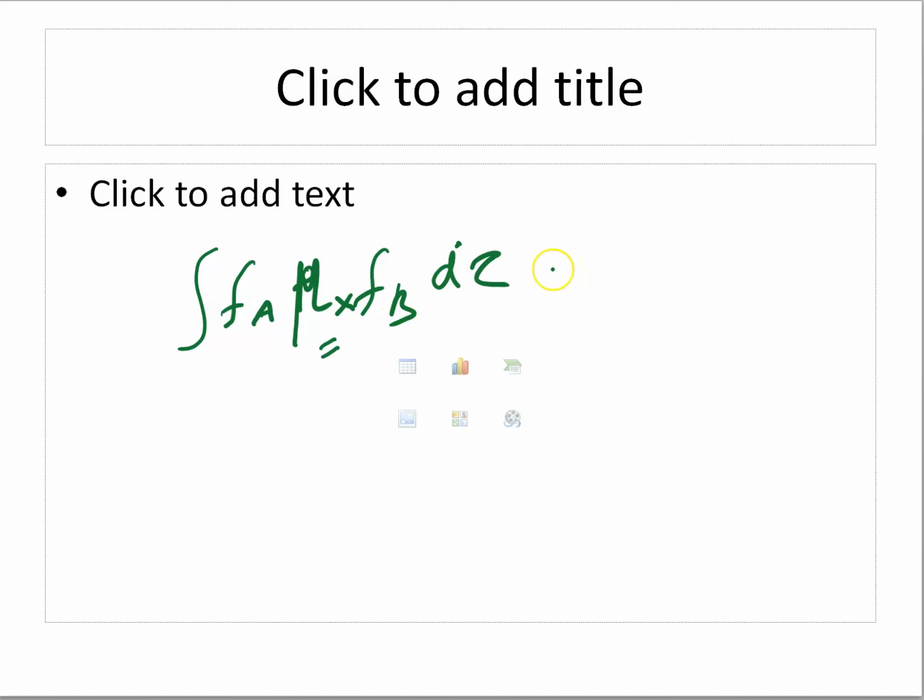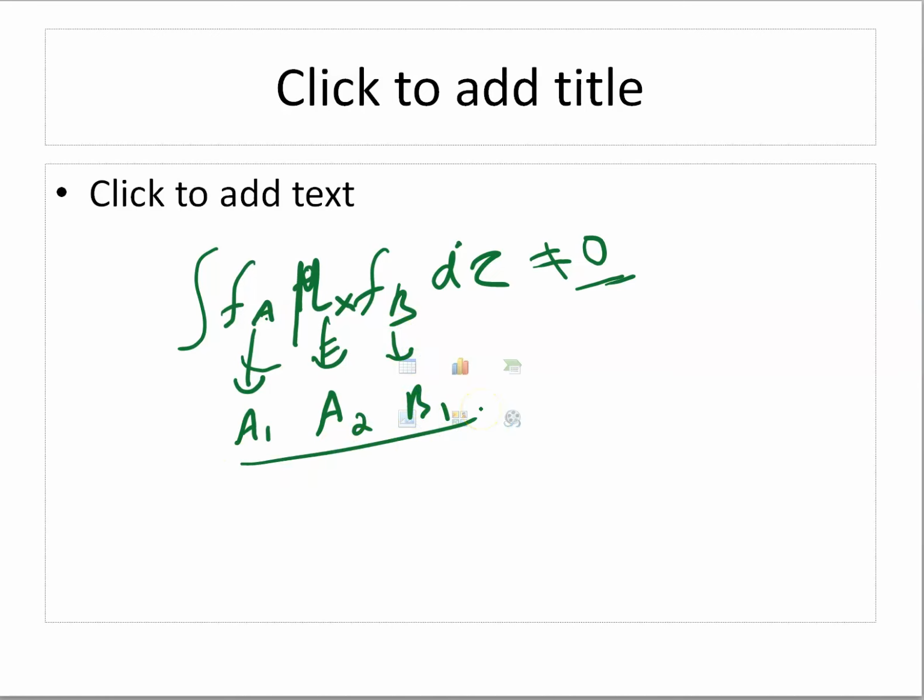Okay, then this should not be equal to 0. Then only the transitions are probable. How can we find this is not equal to 0? If fa has symmetry A1, mu x has a symmetry of A2, fb has a symmetry of B1, then we take the direct product. If the direct product is totally symmetric, the integral will not vanish. This will not be totally symmetric because these are different IRs.